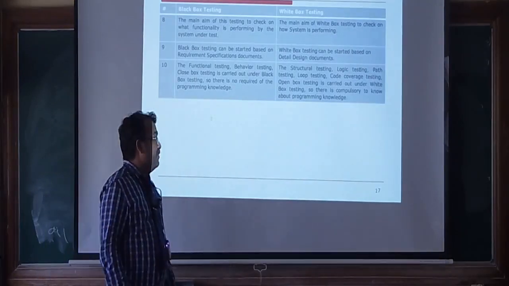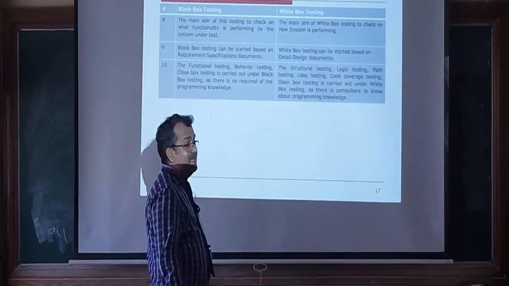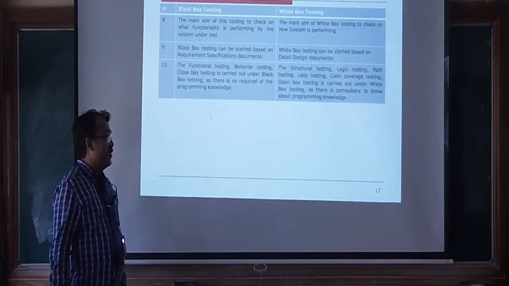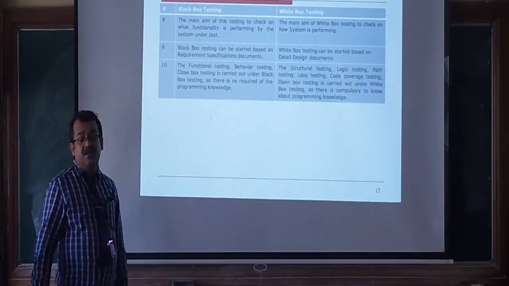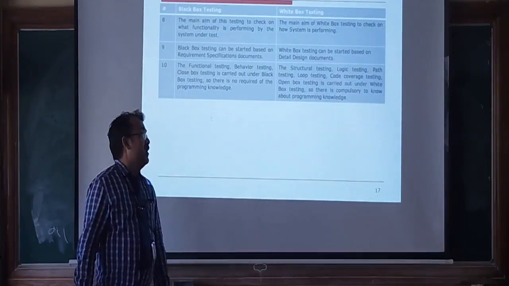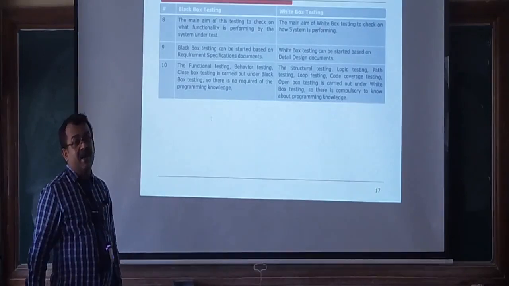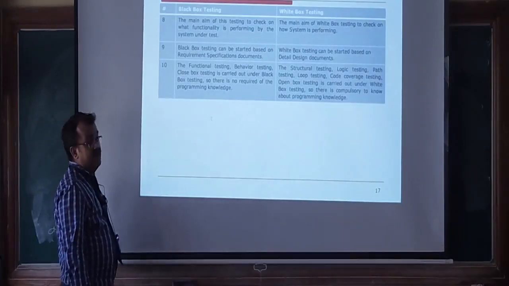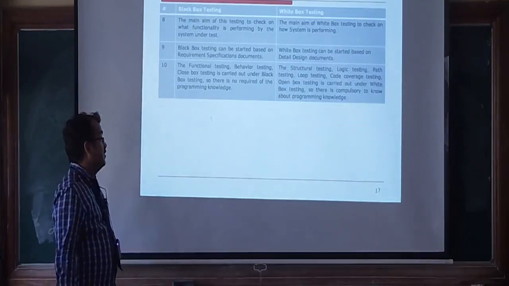White box testing can be started based on the detailed design document. Until the coding is done, you cannot go for development of the test cases for white box testing. Only when the detailed design has been done, where algorithms have been finalized, can you write the test cases for white box testing.